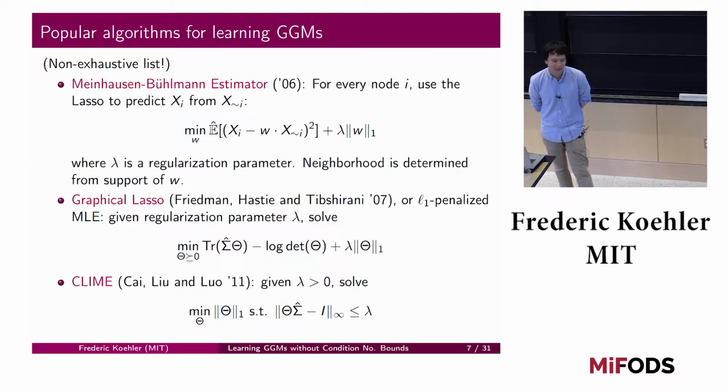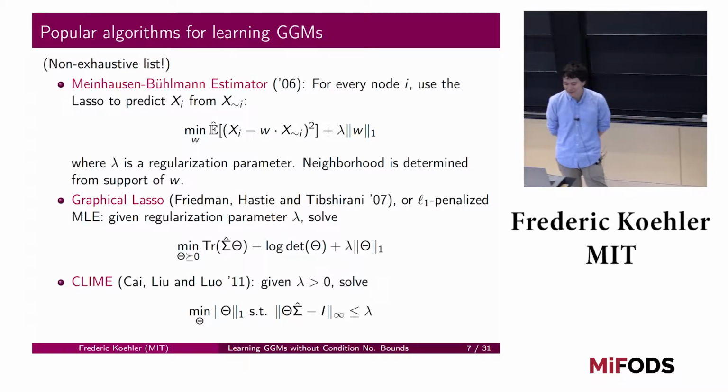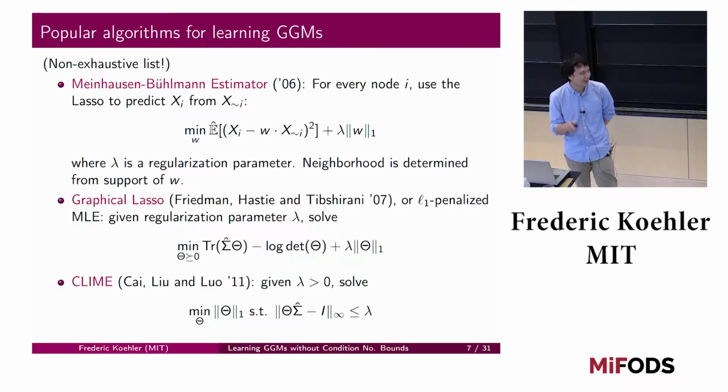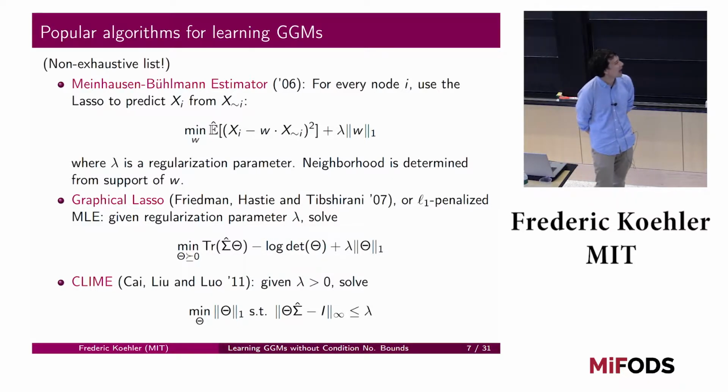But what you can do is add an L1 penalty again. By the L1 norm, I mean it's literally the L1 penalty on all of the entries of theta. Sometimes people remove the diagonal, but I don't, otherwise it's the same. So that's a very popular algorithm.